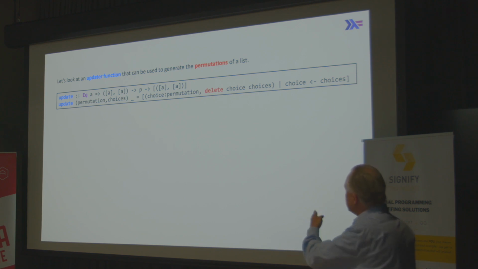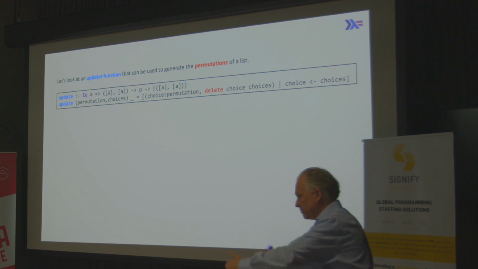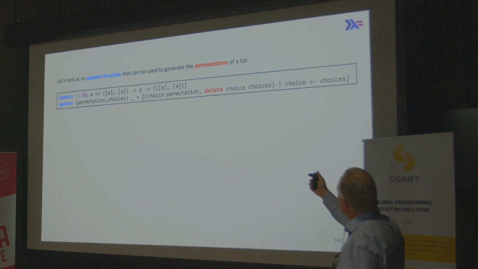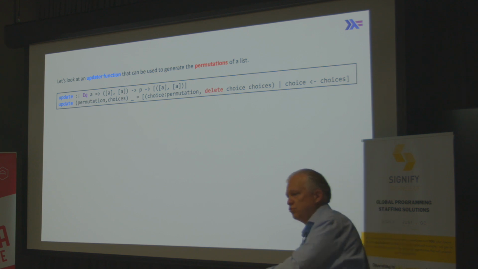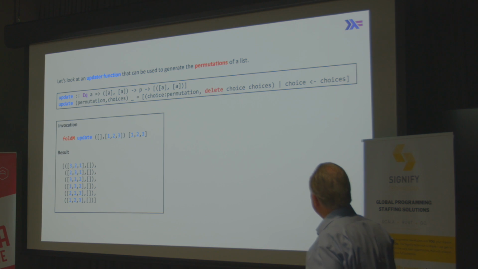And then the choices are constructed by removing from the current choices the selected choice. So the permutation keeps growing from partial into fuller, and the choices keep shrinking. As we choose columns, we have less left to choose from.